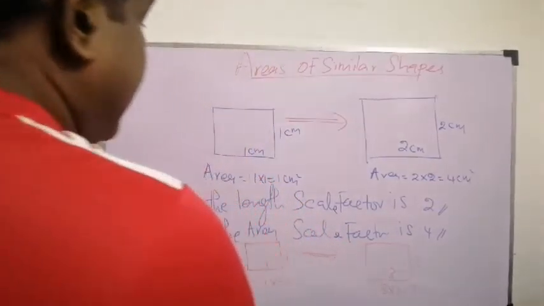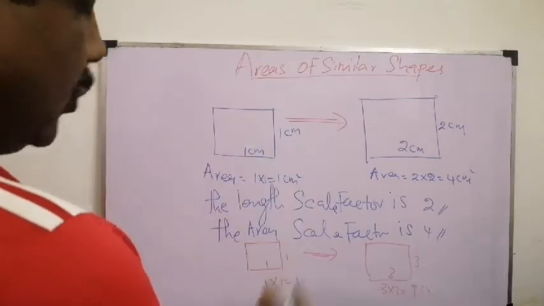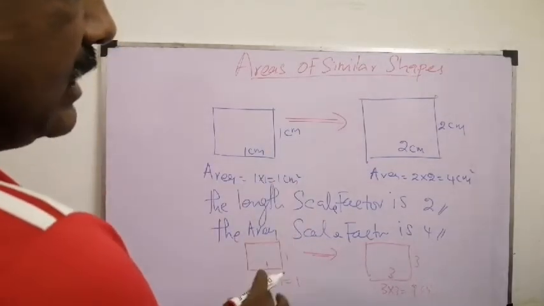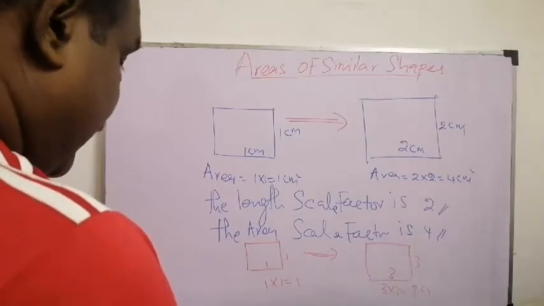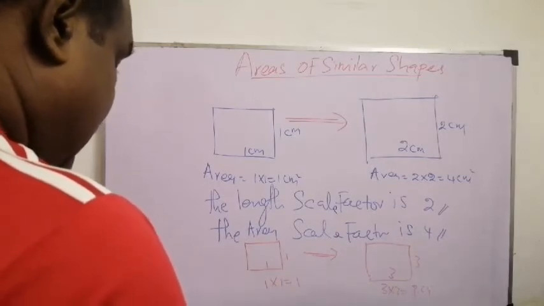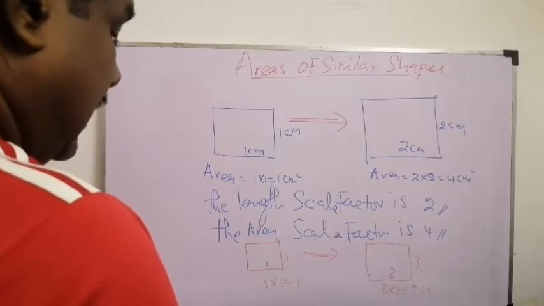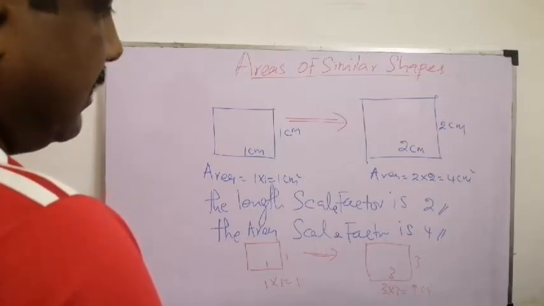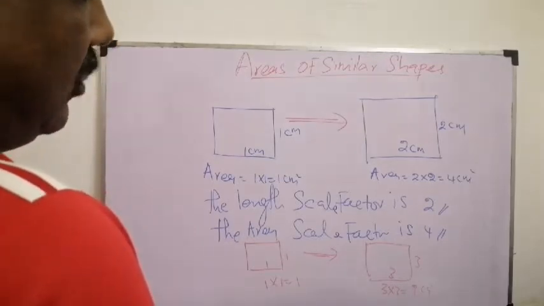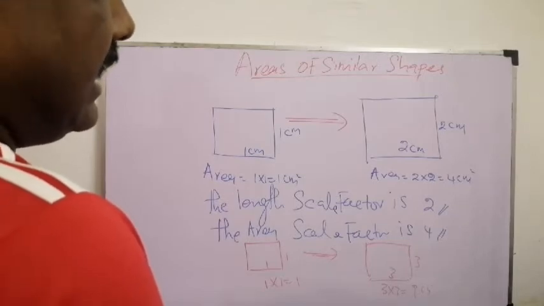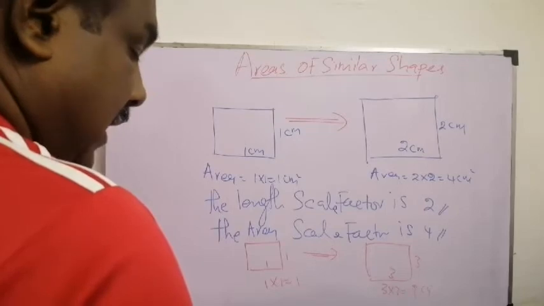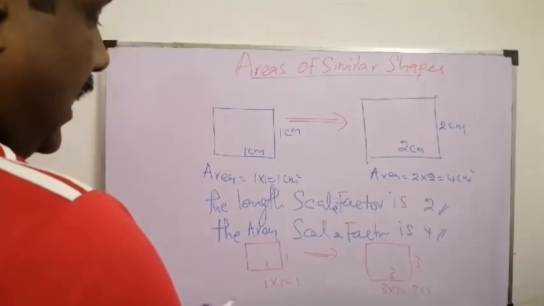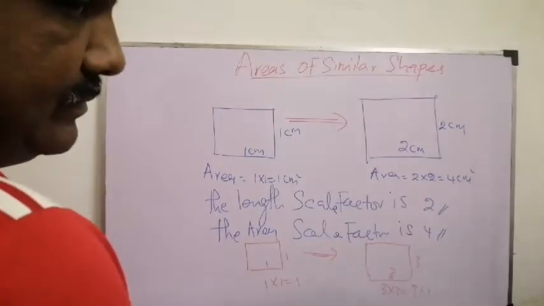So when I increase the length by 3, you can see the area scale factor is increased 9 times. Can you see that? 1 is becoming 9.